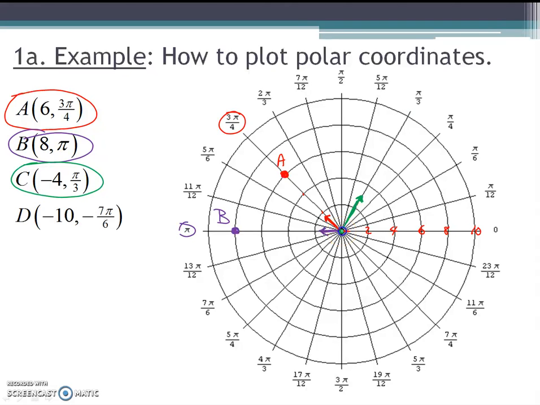And if you're going to move a negative distance from there, what you're going to do is move straight away from that. So a distance of negative 4 at an angle of pi over 3 would be negative 2, negative 4. In other words, your eyes are facing this way, but you're walking back. Your eyes are facing along this way, but you're walking backwards 4 units. So there's point C. And finally, let's do point D.